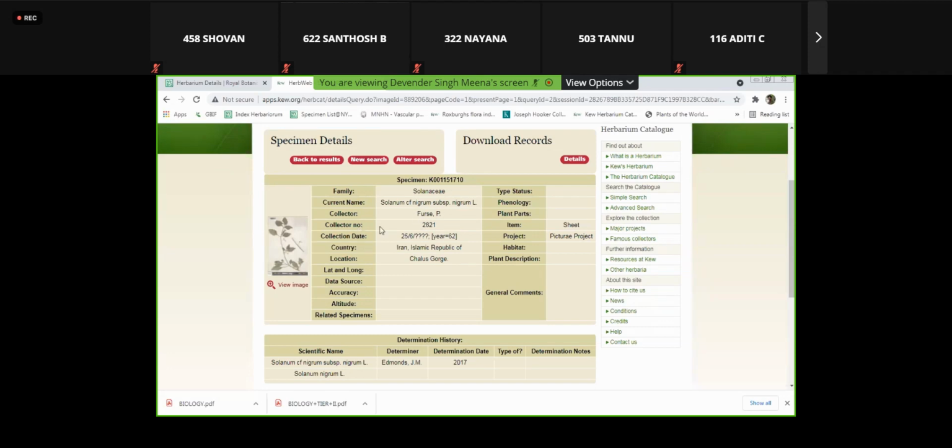The collector is first P, collector number is 2821, and the collection date is 25/6, but they are not sure about the year because it has been written only 62, so it could be 1962 or it could be 1862, and it was collected from Iran, and the location is Kalas Gorge.